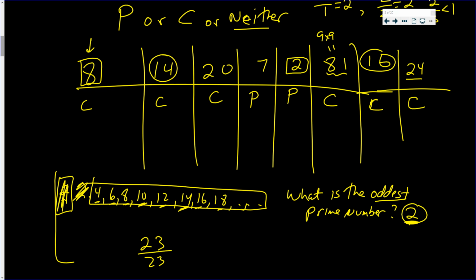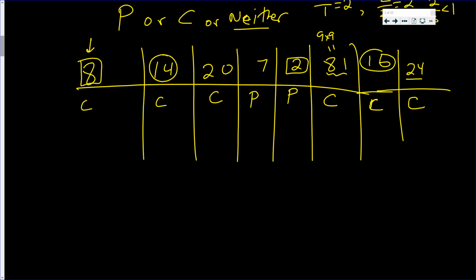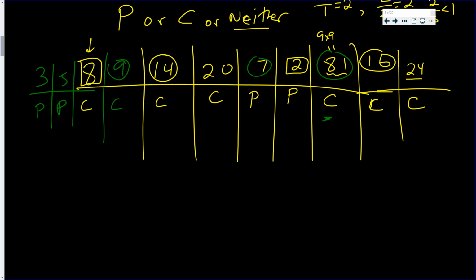Should have put down some more odd numbers up here. I'm not saying each and every odd number is prime. I mean, 81 is odd, but it isn't prime. But 3 is prime. 5 is prime. 7 is prime. 9 is composite because 3 goes into it.